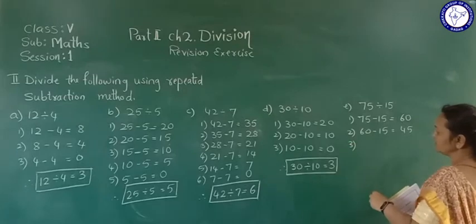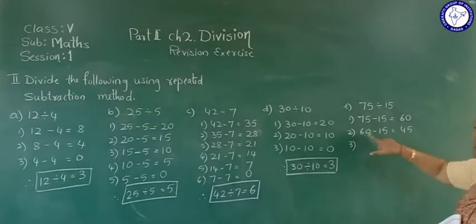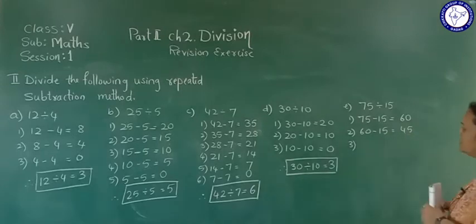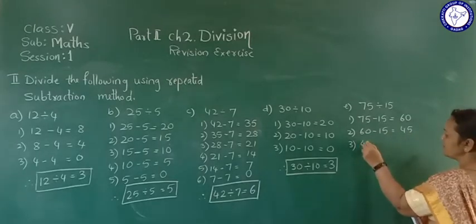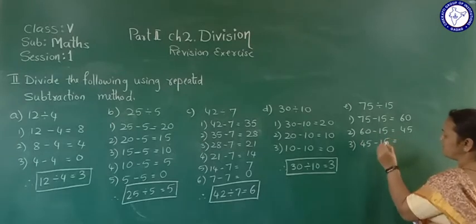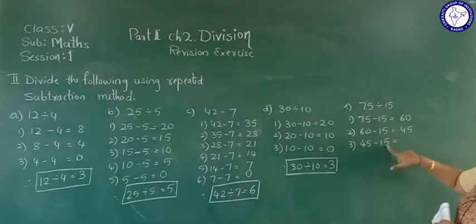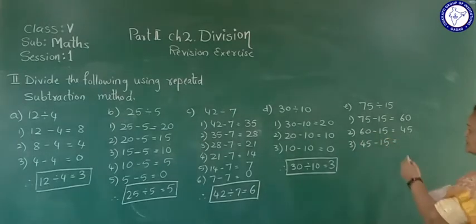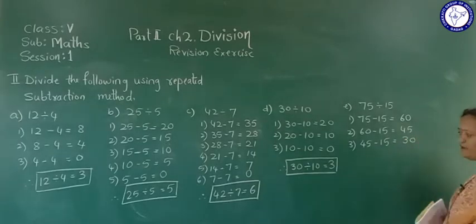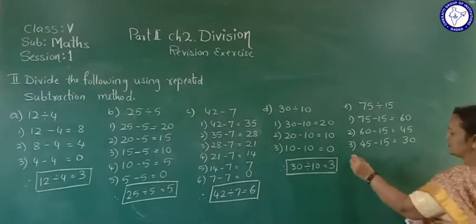Say here 60 minus 10 is 50. 50 minus 5 is 45. Okay. Then 45 minus 15. So 5 minus 5 is 0 and 40 minus 10 is 30. So 45 minus 15 is 30.